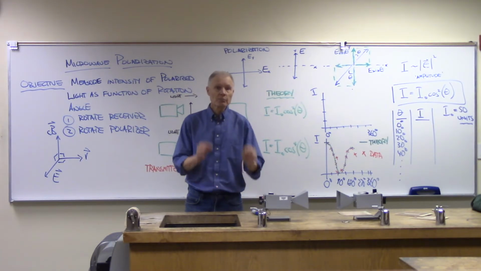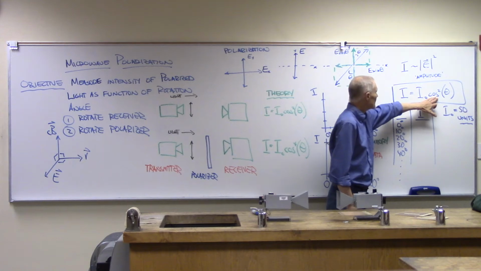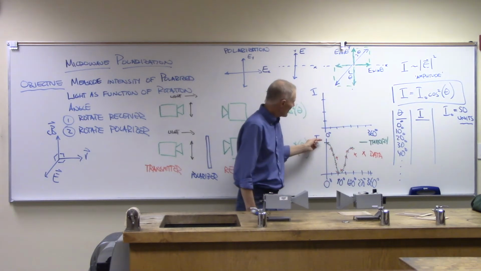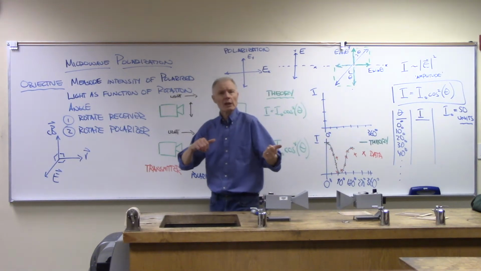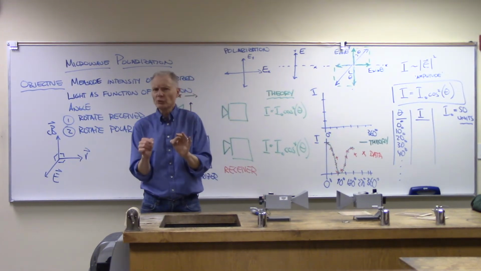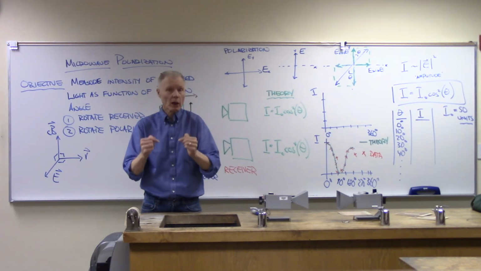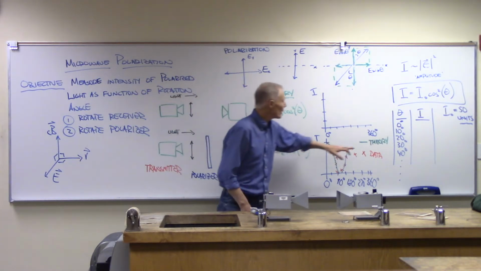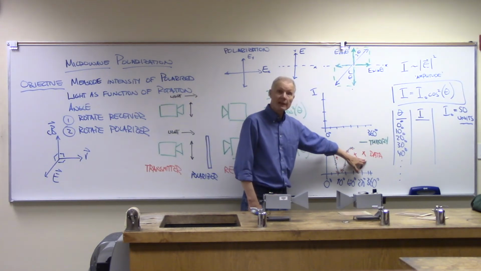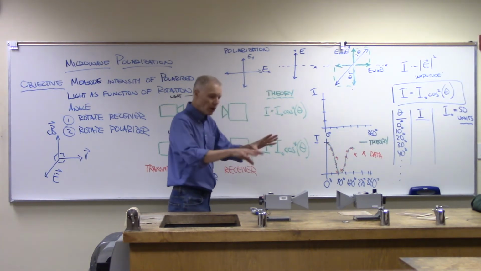So either directly put the function in, or generate a column of theory numbers following this formula in terms of theta, and then use those to generate a trend line for comparison. What we want to be able to do is compare a theoretical curve with the actual data points that we are measuring. Okay, now that is all for setup number 1.